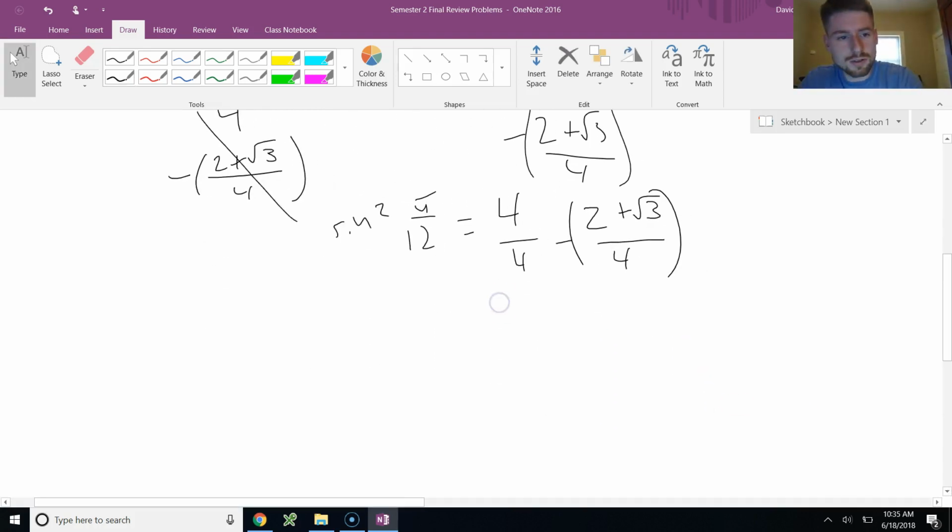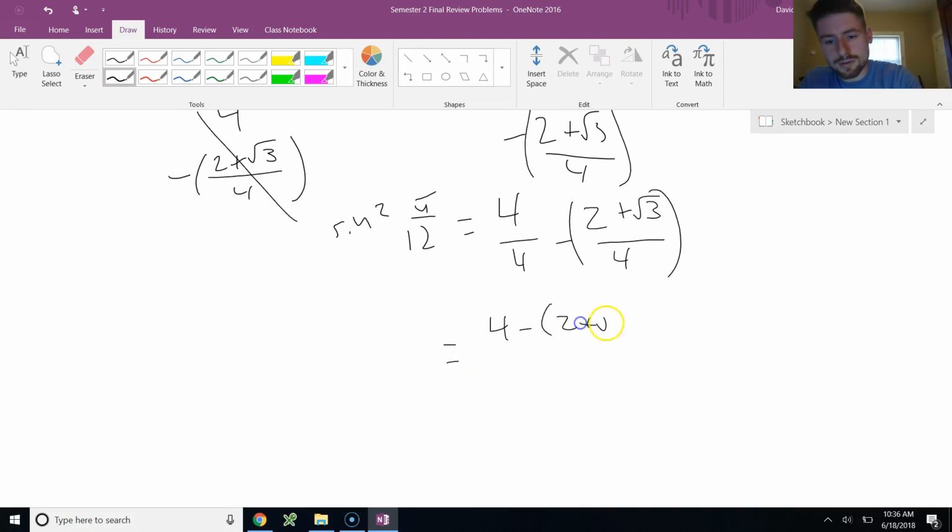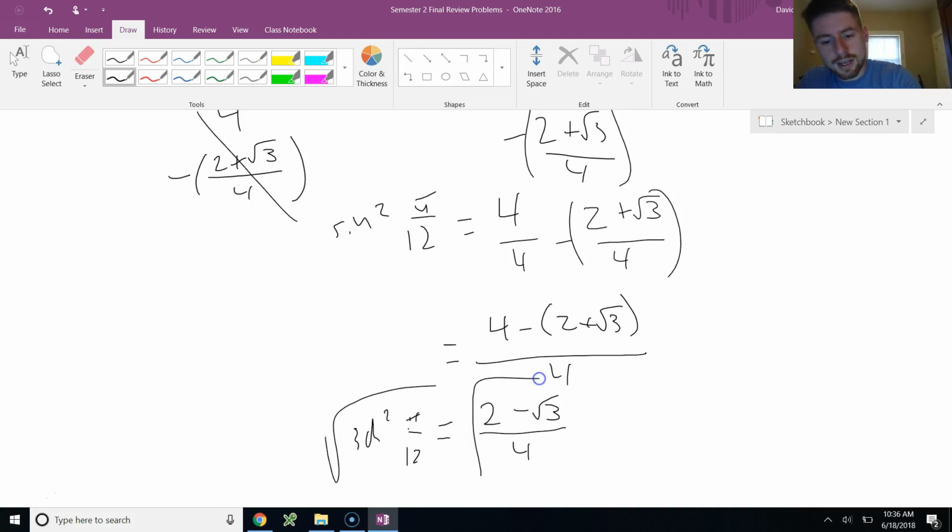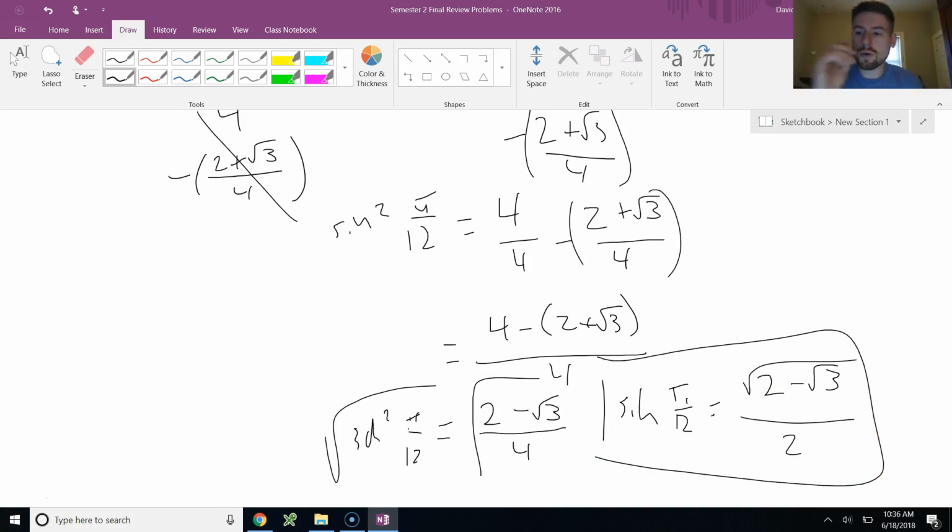And so this is equal to 4 minus the quantity 2 plus root 3, over 4, which is equal to 2 minus root 3 over 4. That's sine squared pi over 12. So we take the square root of both sides, and we get sine pi over 12 is equal to the square root of 2 minus root 3 over 2, and it's positive since the angle is in quadrant 1.